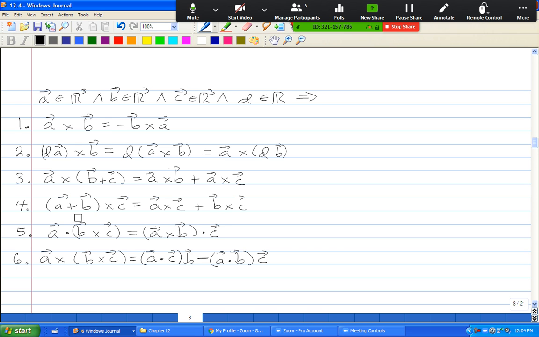So A dot B cross C is the same as A cross B dot C. And lastly, I can rewrite A cross B cross C as A dot C times the vector B, minus A dot B times the vector C. Okay, so let's show each of these.